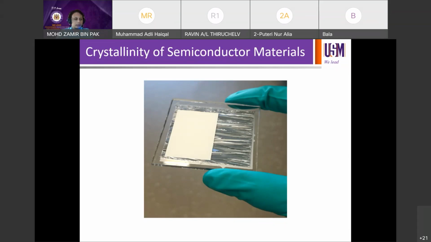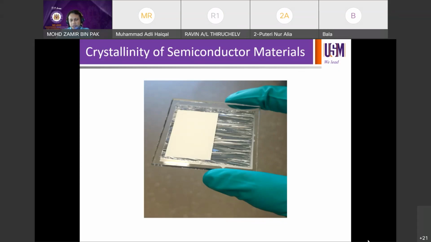No. Okay. Why are there no grain boundaries for monocrystalline? Because all are in the same orientation. Yeah. Okay. Because it is single crystal to begin with, right?